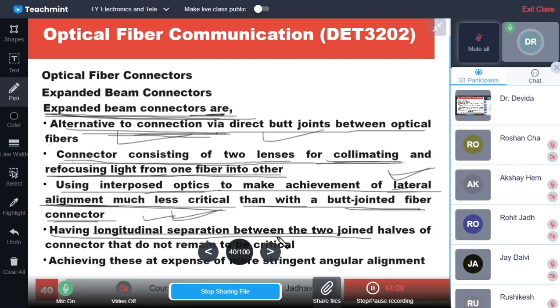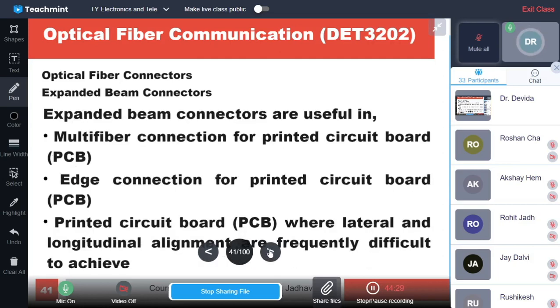There is already a longitudinal separation, so longitudinal misalignment also does not remain critical. Angular alignment is very stringent in this case and has to be very critically maintained.